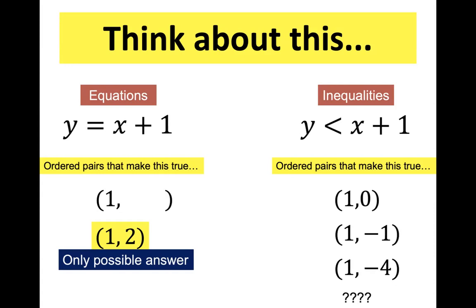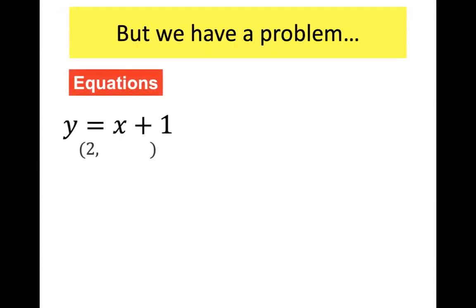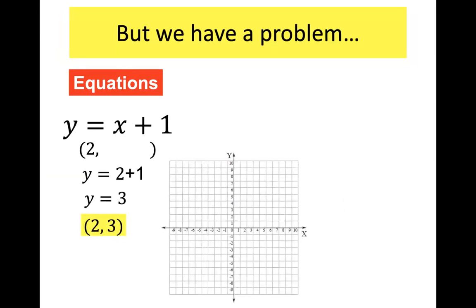So let's see, 0 is smaller than 2, so that would be the value that would make it true. But there's other values like -1 or -4. They would all make that inequality true. We have a slight problem. For equations, we only get one answer, (2, 3), but with inequalities, we get an infinite number of answers.